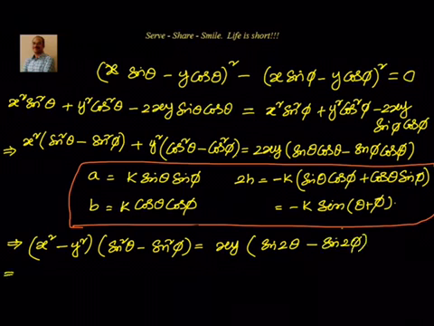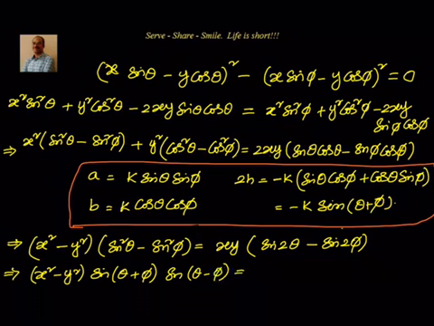Now let's simplify this. We have x square minus y square as it is. This is sine square a minus sine square b, which can be written as sine of (a plus b) into sine of (a minus b). And here we have sine c minus sine d. From transformation, I can transform this subtraction into product.